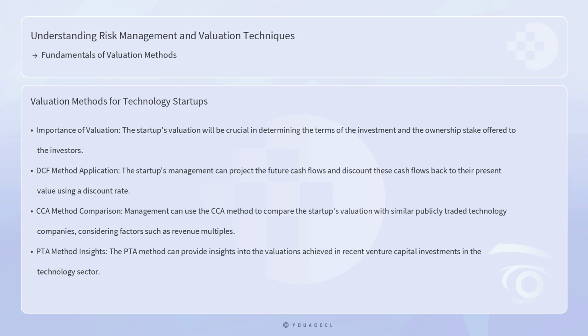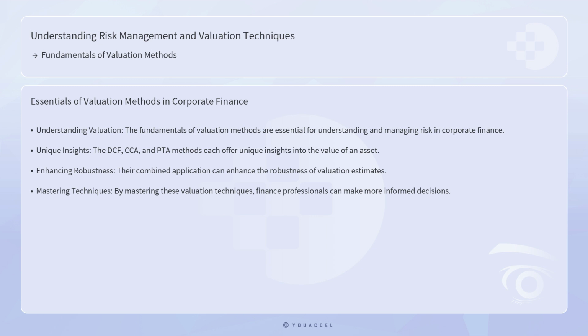By triangulating these different valuation methods, the startup's management can arrive at a more informed and credible valuation, which can facilitate the investment negotiations. In conclusion, the fundamentals of valuation methods are essential for understanding and managing risk in corporate finance. The DCF method, CCA method, and PTA method each offer unique insights into the value of an asset, and their combined application can enhance the robustness of valuation estimates.